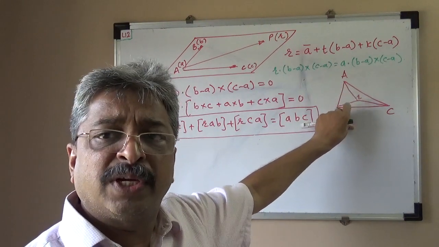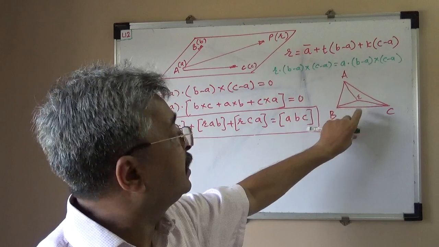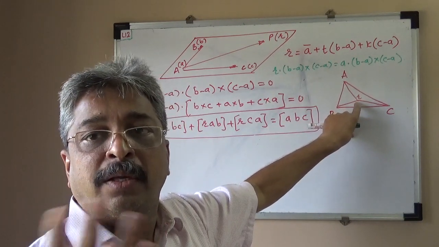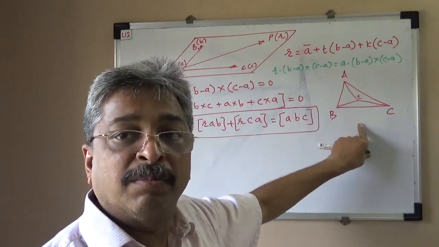Now here if we consider the oriented areas, then R can go outside also, and you can cross-check if R comes out.